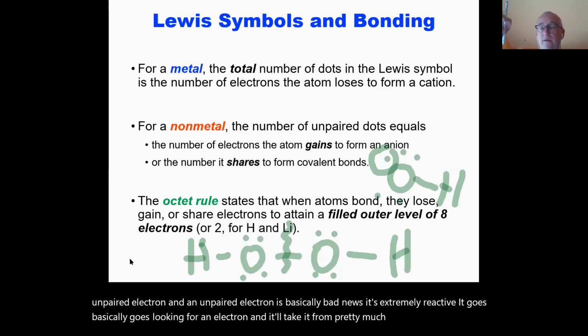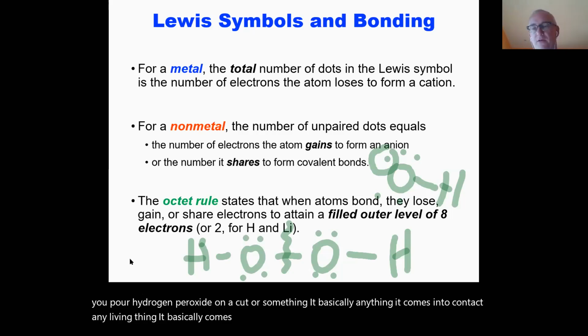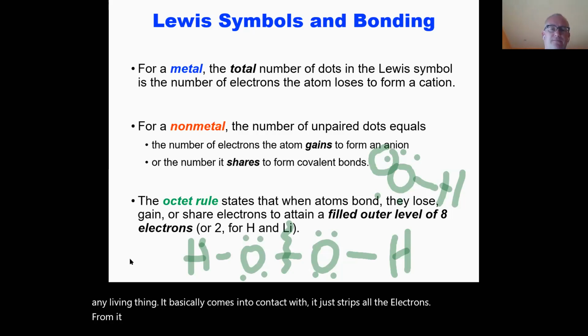So that's why when you pour hydrogen peroxide on a cut or something, any living thing it comes into contact with, it just strips all the electrons from it instantly and kills it. So yeah, basically you don't want unpaired electrons around. They're bad news.